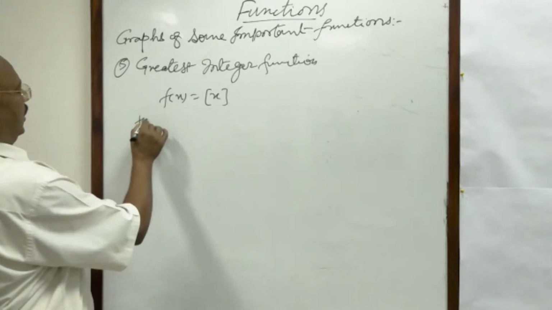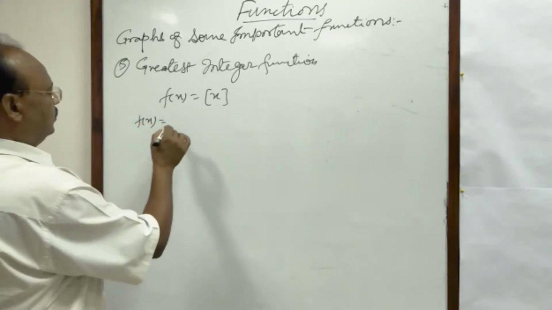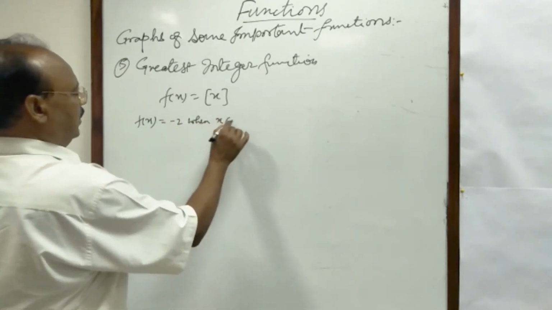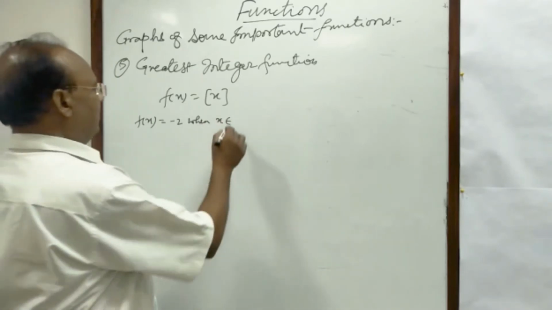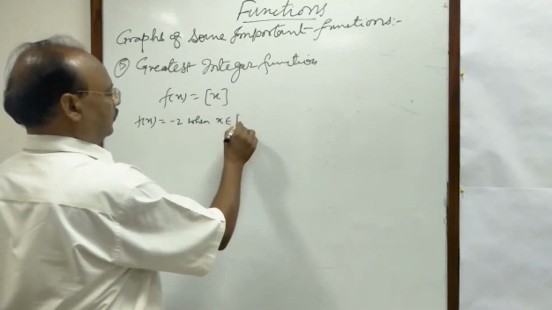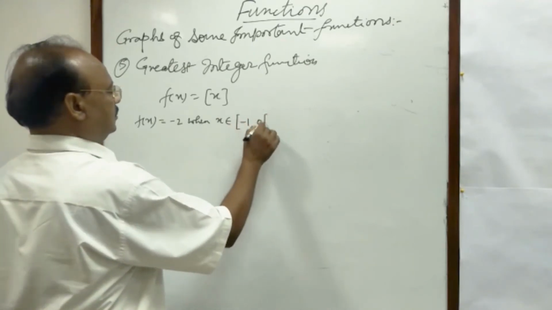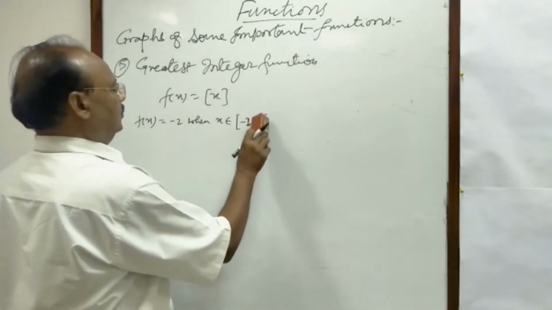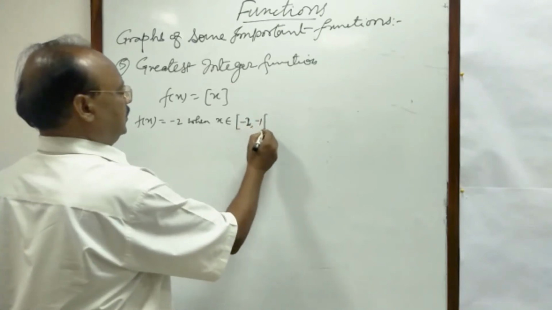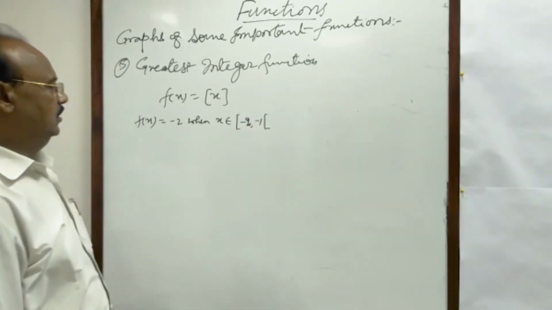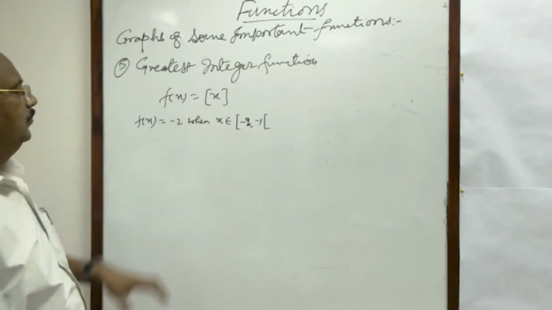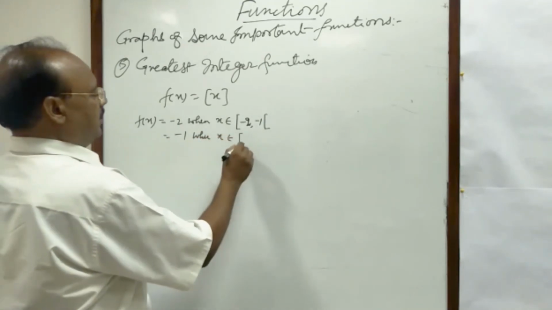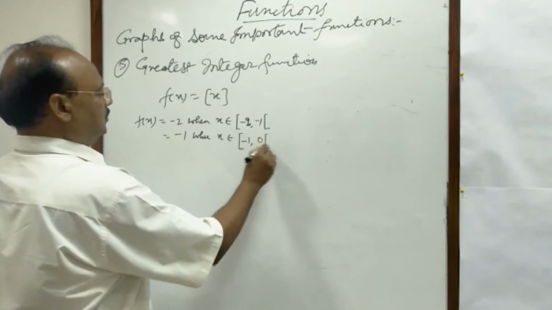Here f(x) is equal to minus 2 when x lies in the interval minus 2 to minus 1. Then f(x) is equal to minus 1 when x belongs to the interval minus 1 to 0.